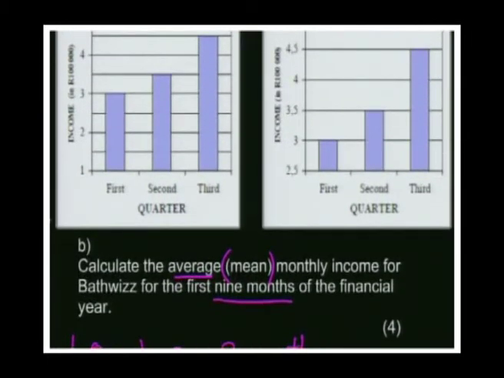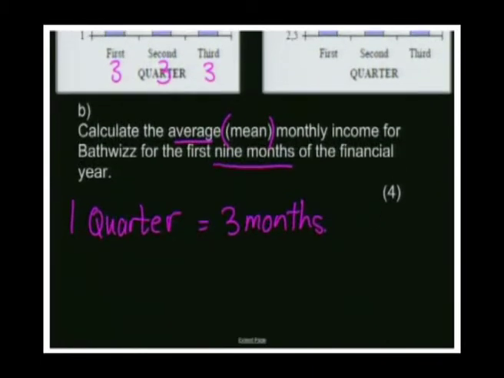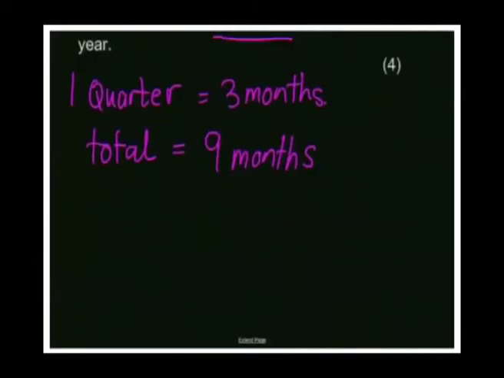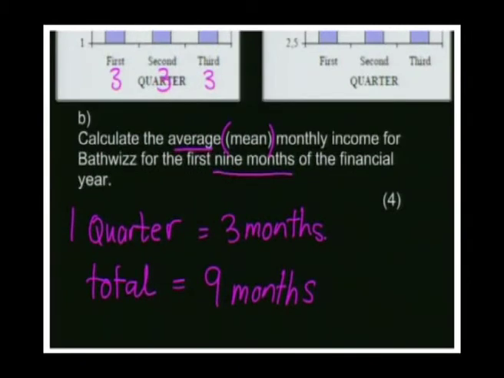If we are looking at 3/4, we're looking at 3 months plus another 3 months plus another 3 months. So we are looking at a total of 9 months for this question. Then, in order to find our mean, what do we need to do?